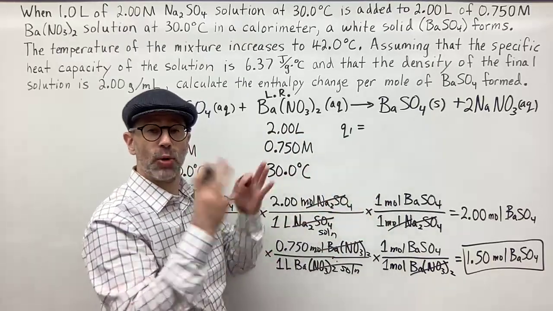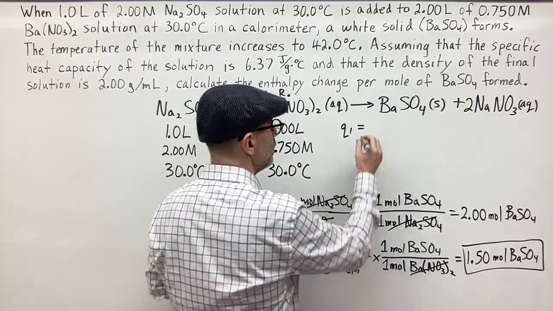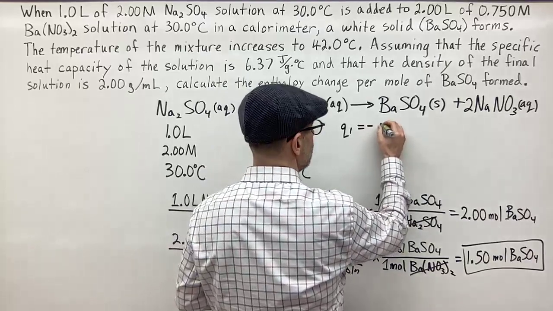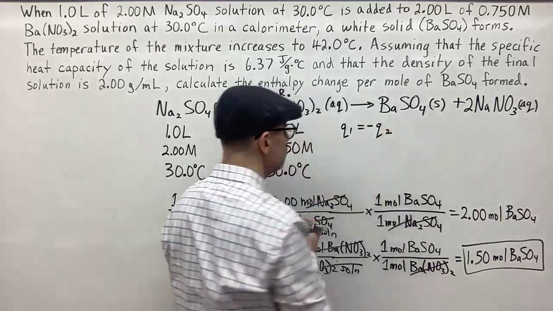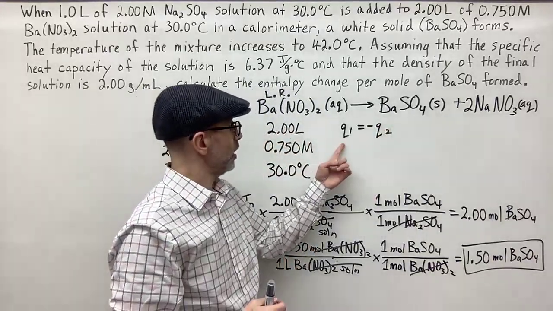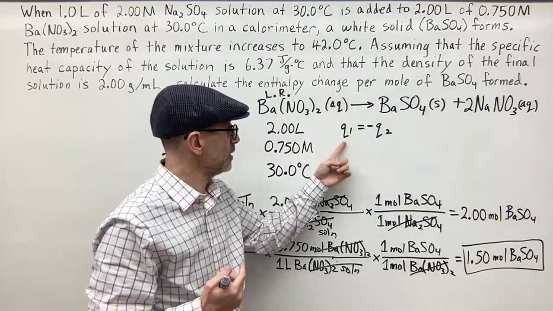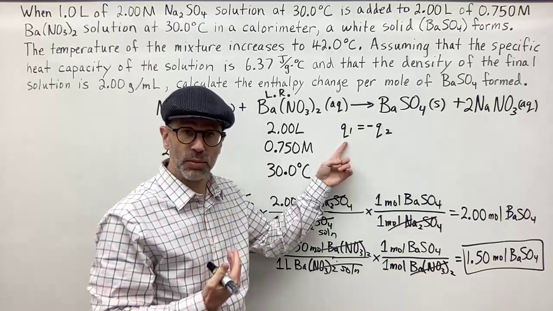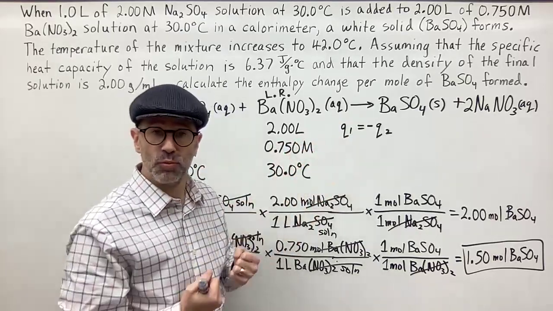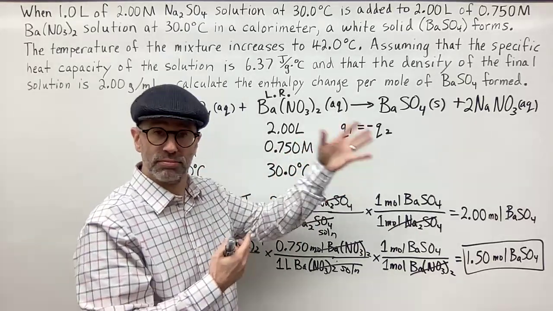We're assuming that no heat is lost, but there's going to be a negative here, right? So Q1 could represent the amount of heat that's absorbed from the other object.